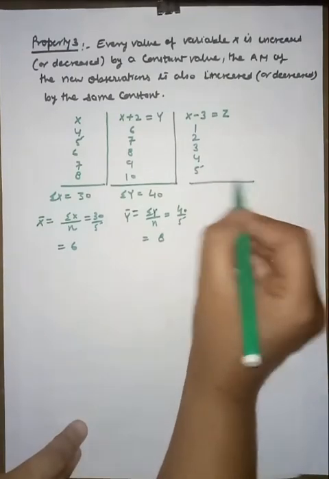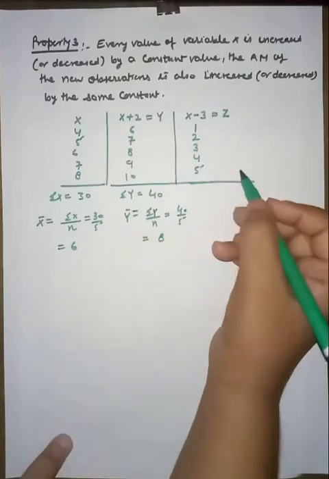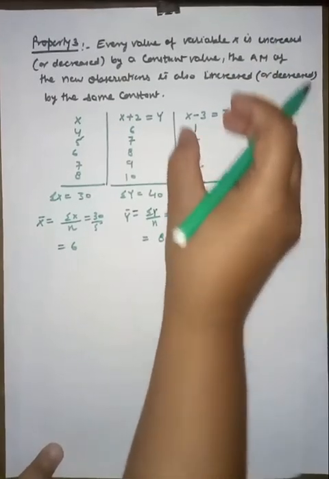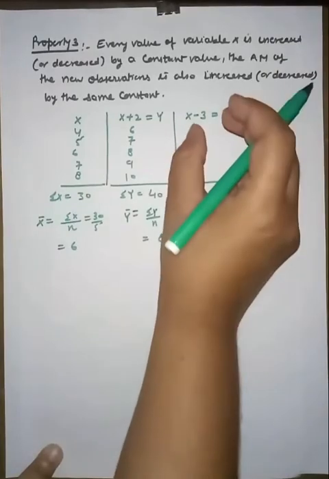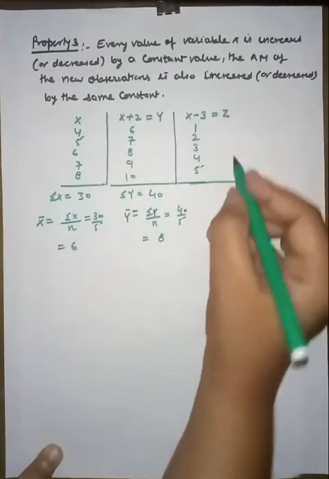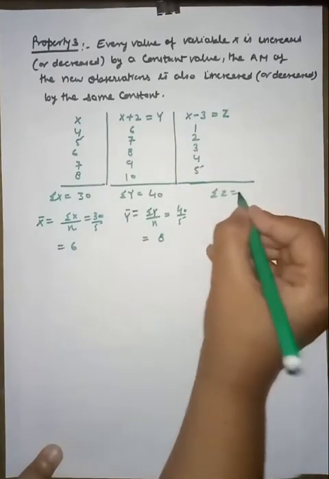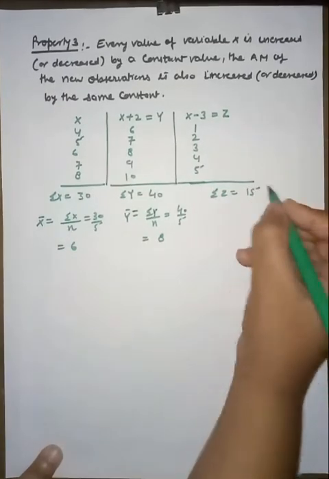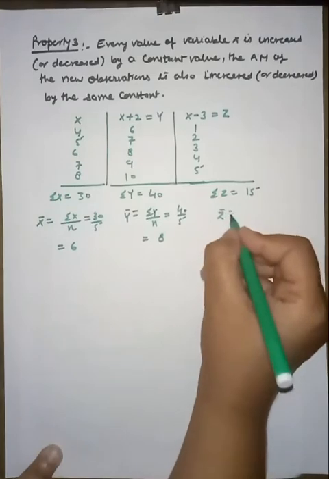Again, I have taken another table, the new observations, which are subtracted by 3. The sum of these observations comes to 15. Now find the z bar.